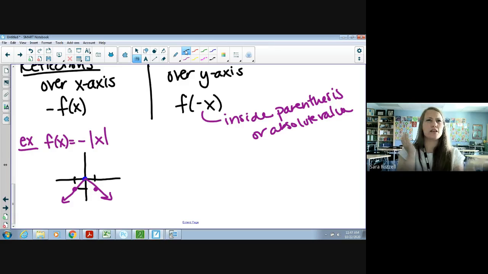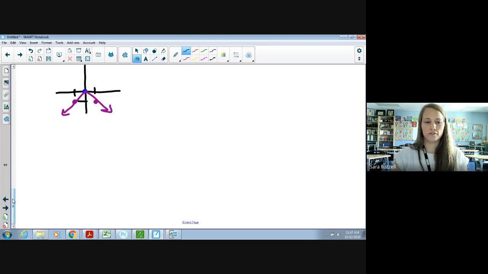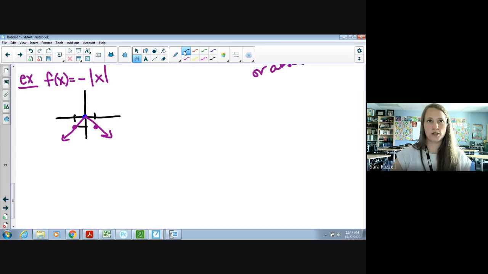And stretch, sometimes they use the word expand. It could be a vertical expansion or a vertical compression. Okay, so the next thing, these are our vertical expansions or compressions interchangeably with stretch.